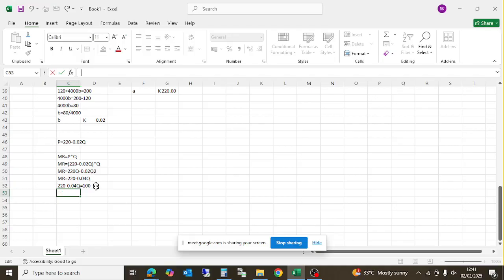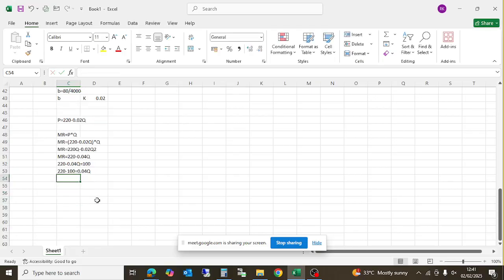Let me find a better way of putting it. I'll take it to the other side. So 220 minus 100 is equal to 0.04 Q, which becomes a positive because I've taken it to the other side.